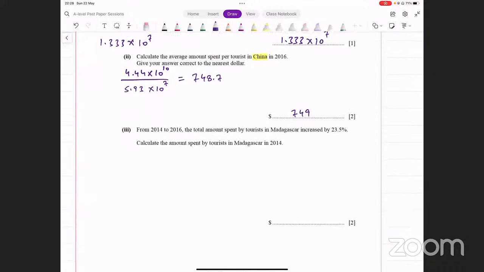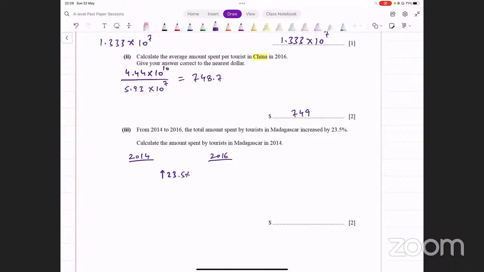Now part 2 of this. It says from 2014 to 2016, the total amount spent by tourists in Madagascar, it increased by 23.5%. Okay, so basically 2014 से 2016 में आपका जो चेंज आया है, that's basically 23.5% increase. ये आपका increase हुआ है from 2014 to 2016.